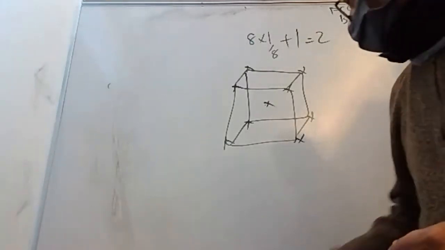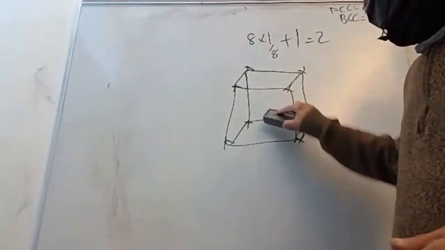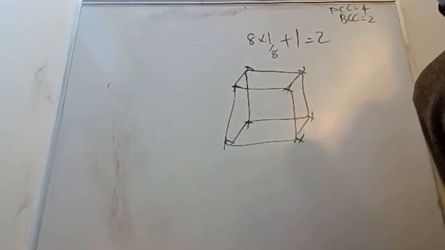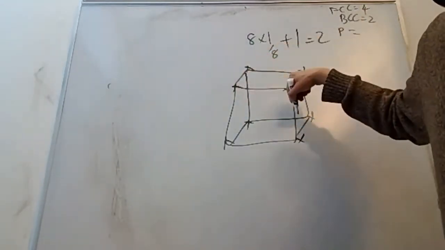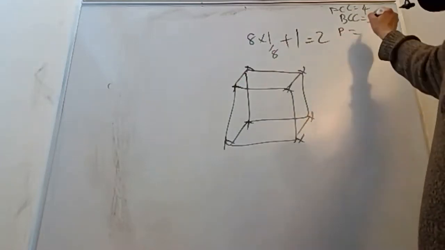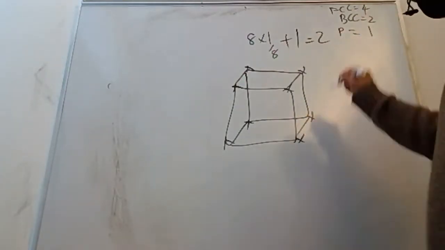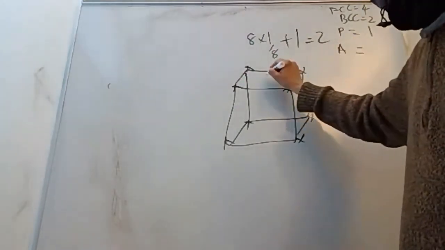Okay. If I have a primitive cell, there are only corners, 8 corners, 8 times 1/8 is 1. What if I have a side-centered cell?